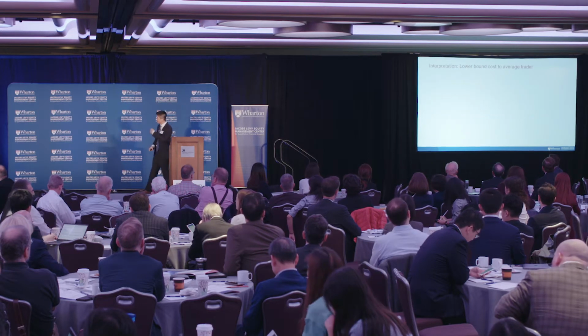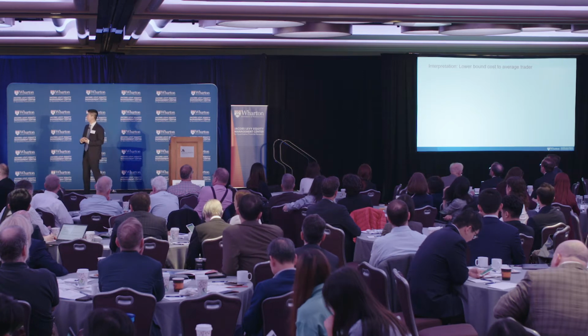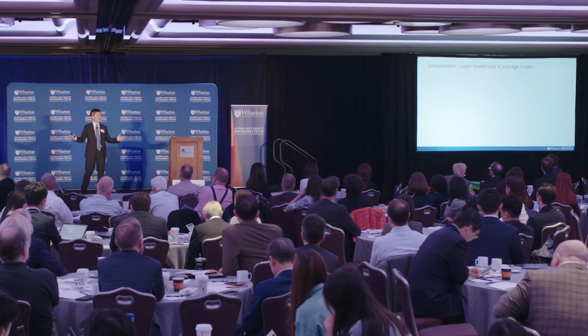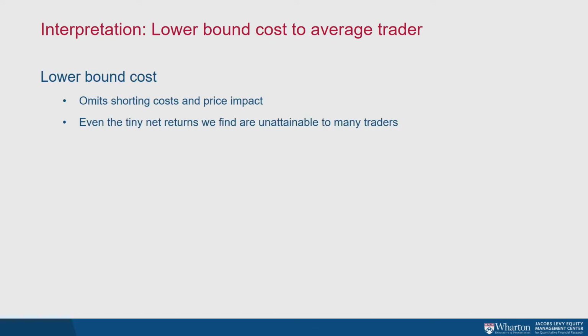Okay, so the interpretation, as I'd like to hammer home, is that every trader has a different transaction cost. I'd like to argue ours is a lower bound for an average trader. It's a lower bound because we're omitting shorting costs, which we need to do to form long-short portfolios, and price impact. So even the net returns we measure are unattainable to many traders.